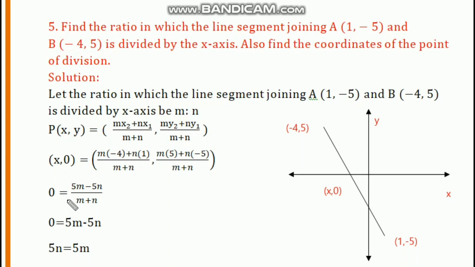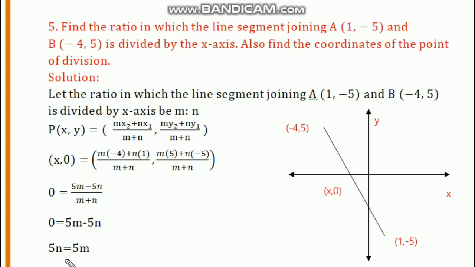So 0 equal to (5m - 5n)/(m + n). Then m + n transposes to the left-hand side, and we get 0. So 5m - 5n. The n value transposes to the left-hand side.